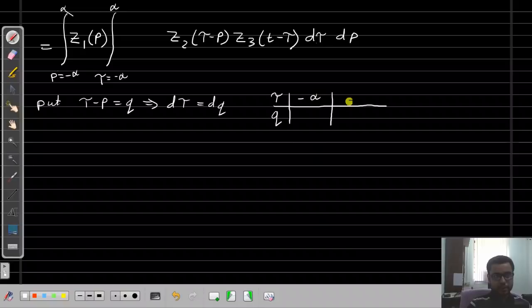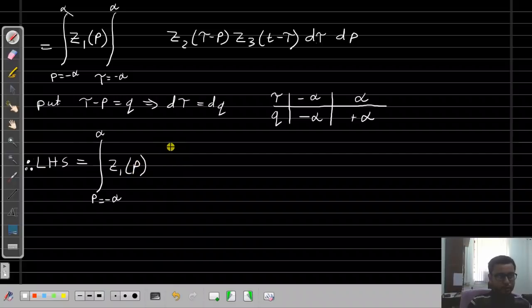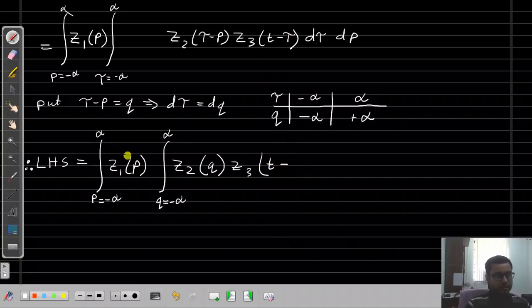Tau is running from minus infinity to plus infinity, so q will run from minus infinity to plus infinity, and then I can write this as the first integration over p from minus infinity to plus infinity, z1 of p, followed by the second integration, but now in place of tau I shall use q running from minus infinity to plus infinity. z2 of tau minus p will become q, and z3 of t minus tau will become t minus p minus q.